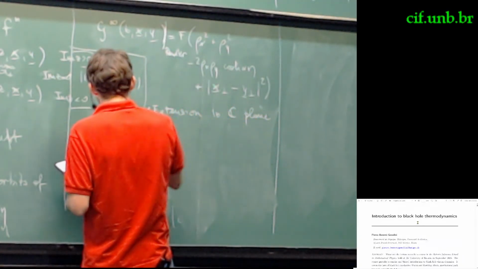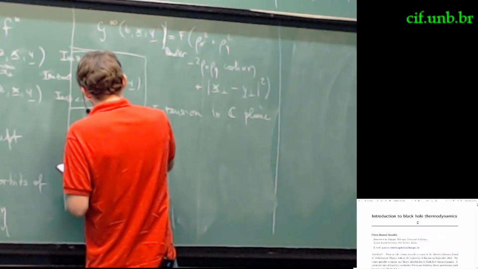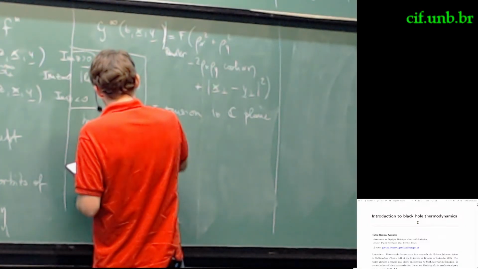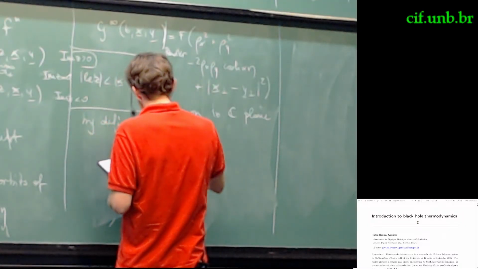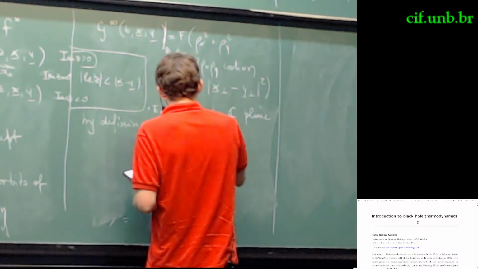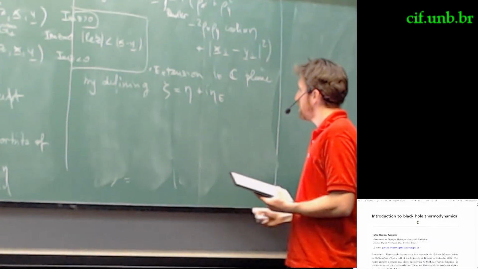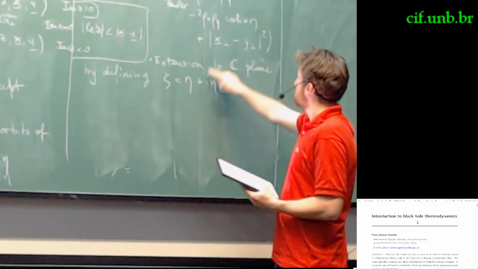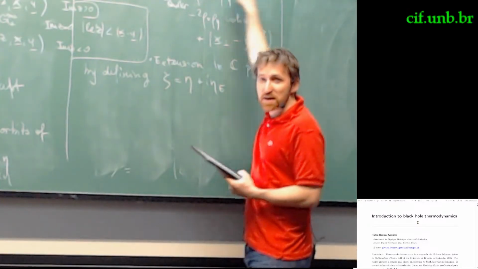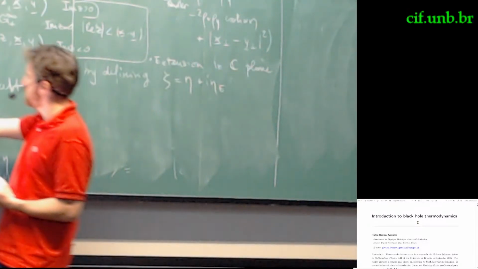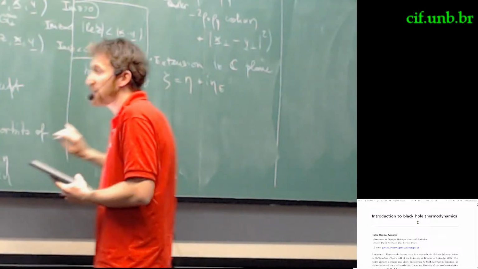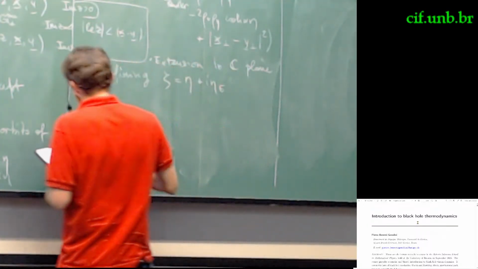I define zeta, which is eta plus i eta_E. Then this function has poles when the entire thing vanishes, because that was the property of this f, but the f is still the same, it's just that it will be at a different point.